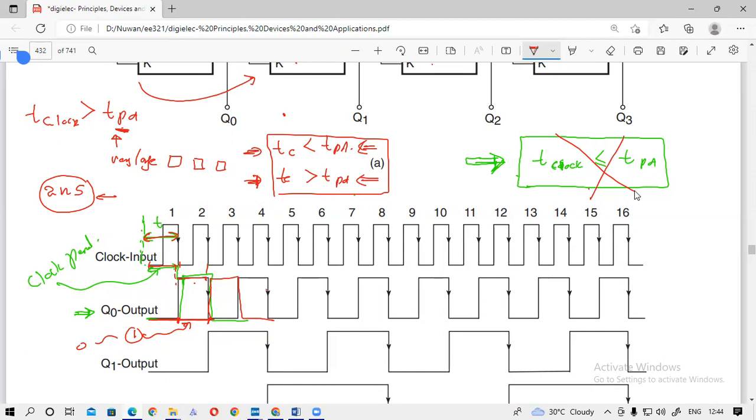So what is the maximum allowable time for the propagation delay TPD? It should be the clock cycle. The maximum allowable propagation time will be equal to T clock.